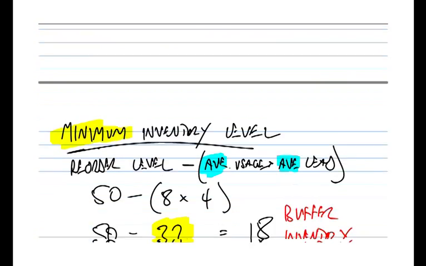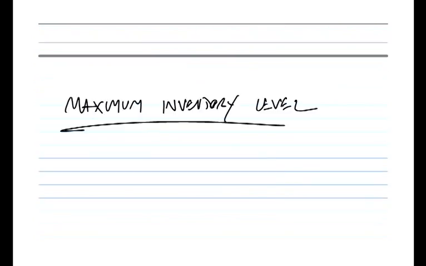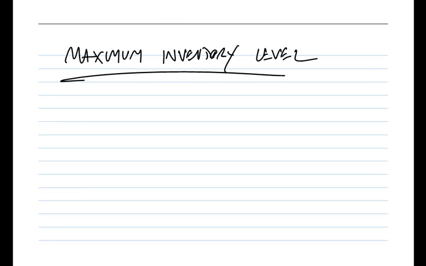Can you imagine that's going to be massively reducing the number of units we're selling before they turn up? So to work out the maximum inventory level, well, again, we start with the reorder level. So a bit like with the minimum, we start with the 50, because remember, that's the point at which we phone the supplier. We phone them up when we've only got 50 units in the storeroom.